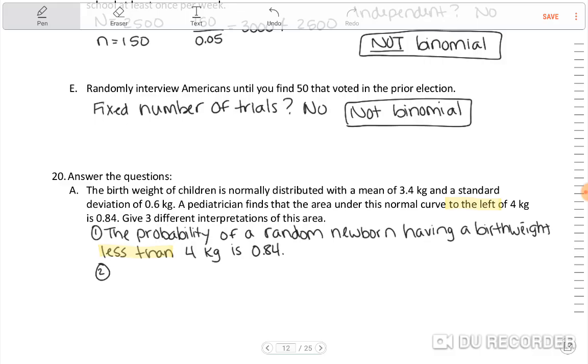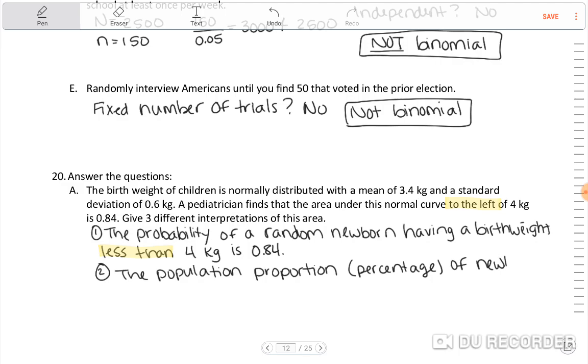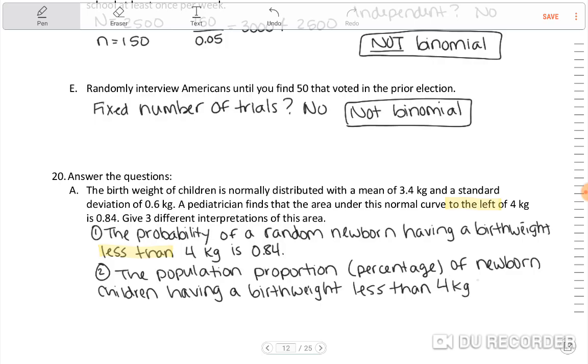So we can say the population proportion or percentage of newborn children having a birth weight less than 4 kilograms is 0.84, or you could say 84%.